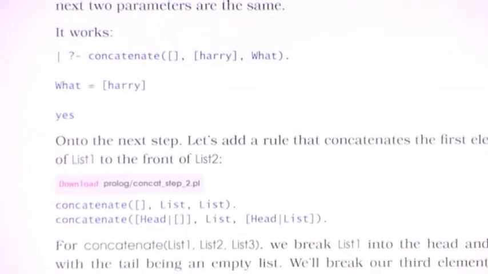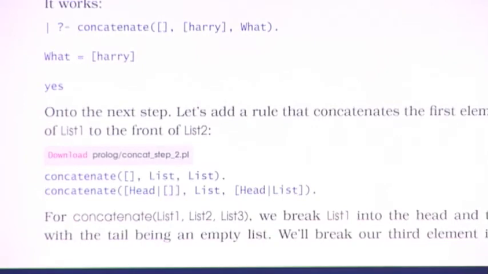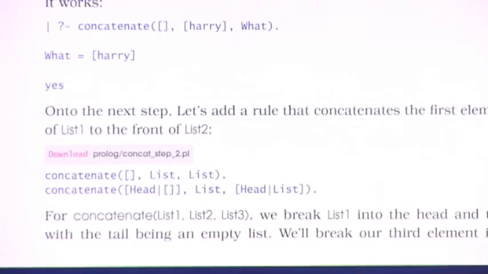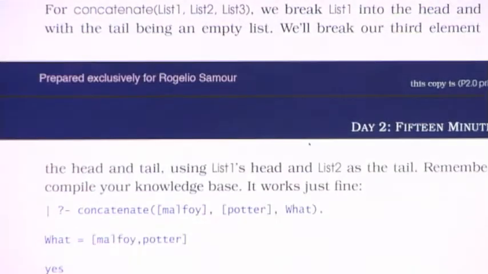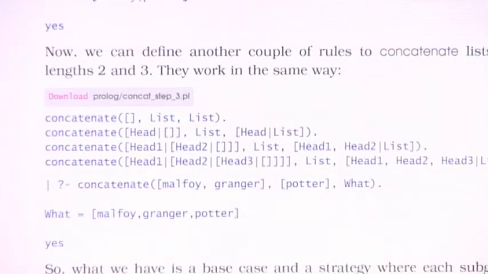Appending nothing to a list returns just that list. Appending something with an empty list to a list returns that something and that other list. So yeah, that just returns the exact same thing as append did.